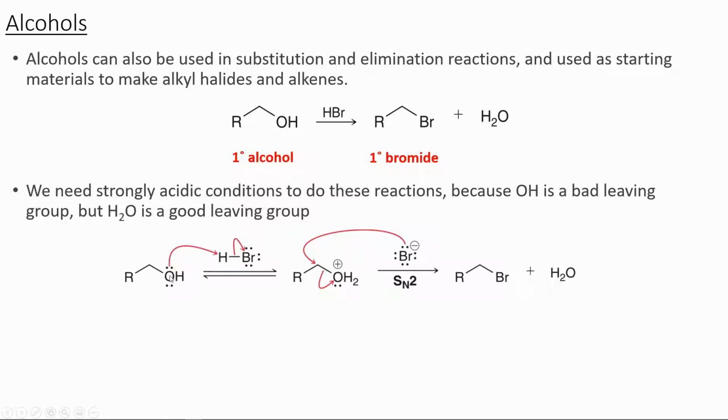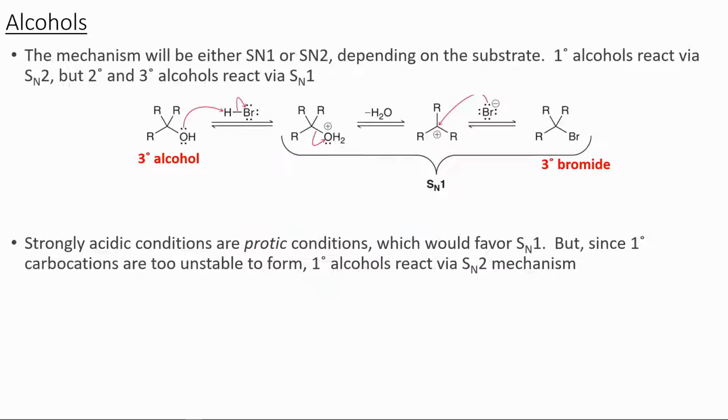This strong acid both protonates the alcohol in the first step and then acts as a nucleophile in the second step, whereas we have water as a good leaving group. So we can convert alcohols to a primary alkyl halide using HBr as a reagent. Depending on the substrate, the mechanism for this reaction will either be SN1 or SN2.